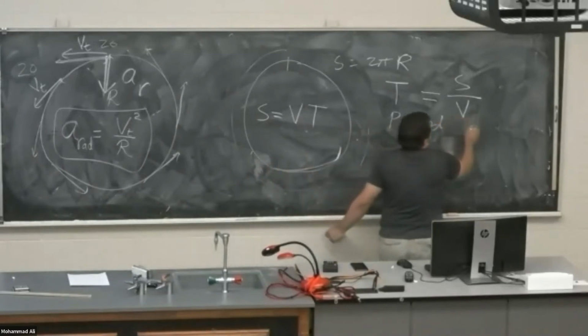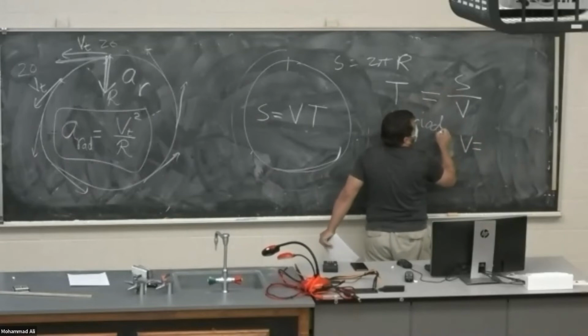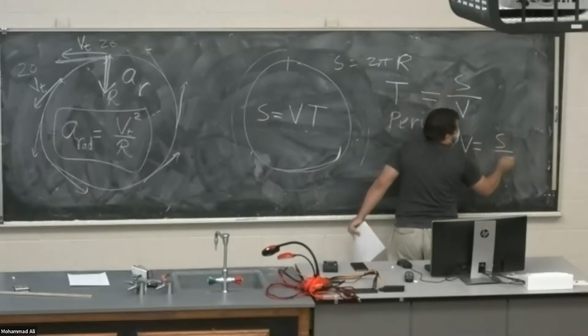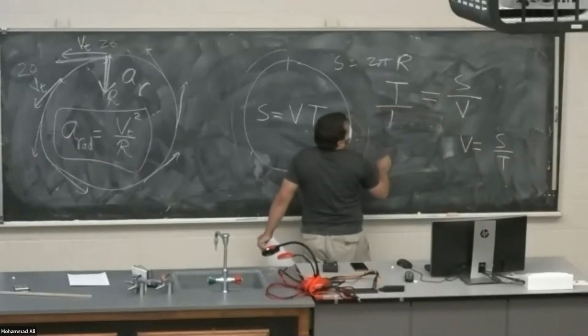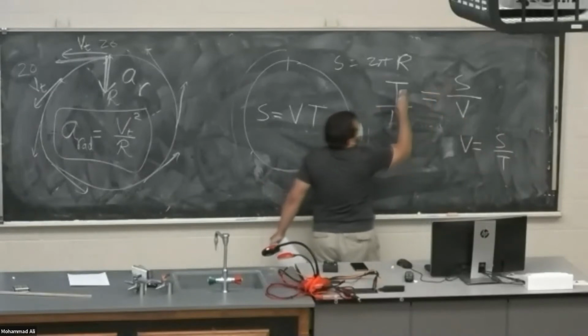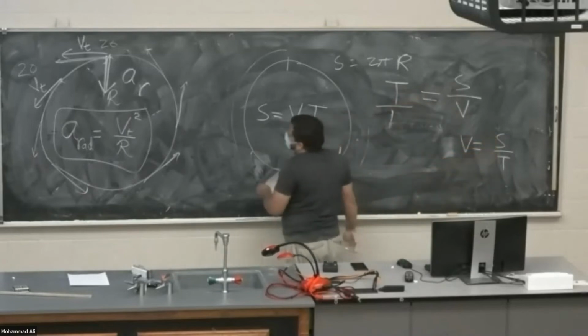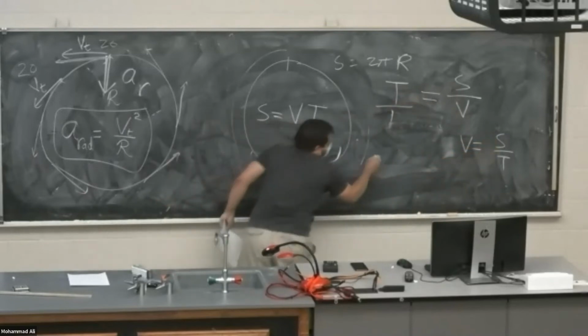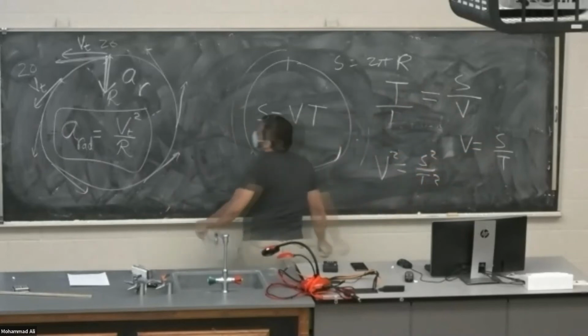From here, V is equal to S over T. You can exchange them. V is equal to S over T. V squared is equal to S squared over T squared.